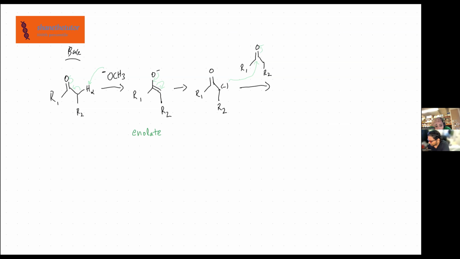So then you would have this R1, and since it's attaching this carbon here, the R2 will stay. Well, let me make sure actually.